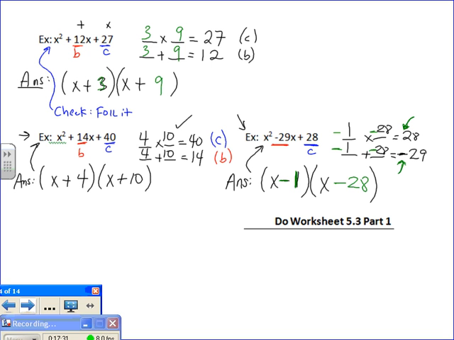I'd like you to try part 1 of your 5.3 worksheet so you can do some of these questions for yourself. You don't have to go beyond part 1, but check your answers. Make sure you're doing them correctly. I post the answers on the website so you can feel confident about your factoring.